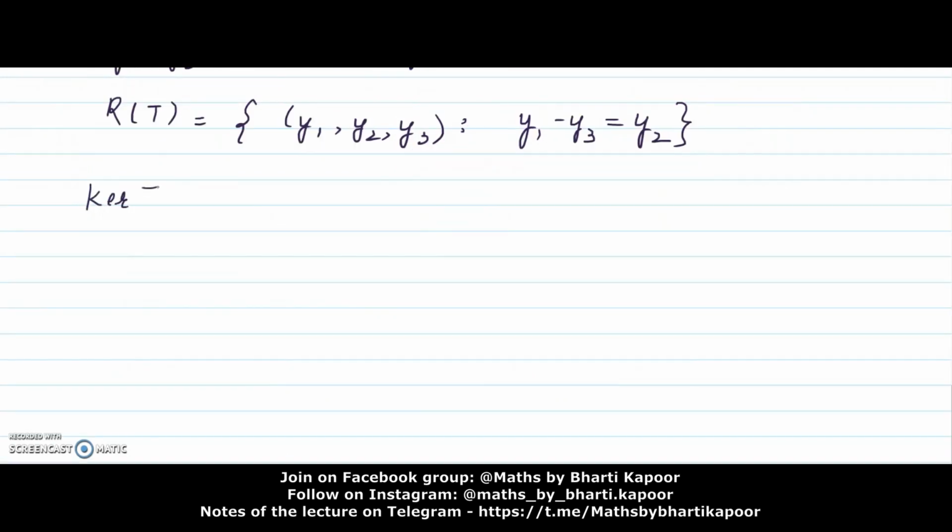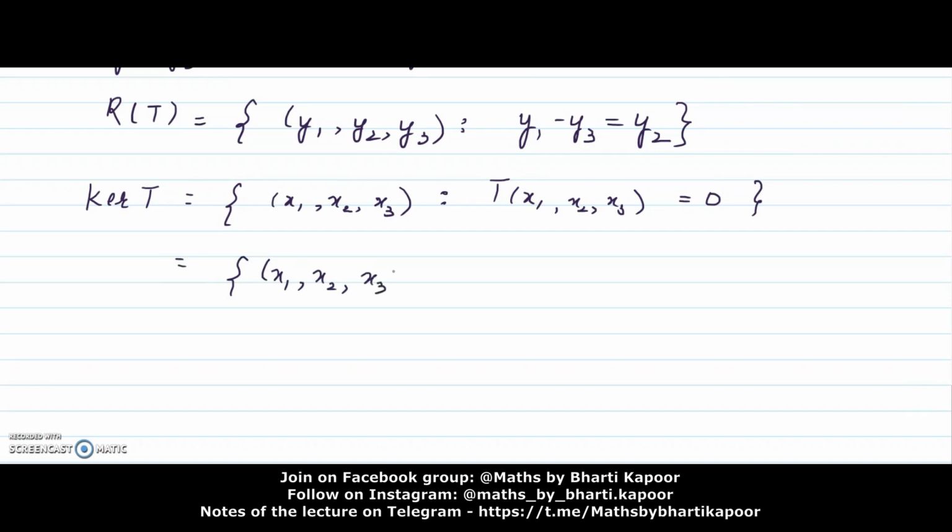Now kernel T is the set of all ordered 3-tuples x1, x2, x3 whose image under T is 0. That means I have to find all such possible combinations of x1, x2, x3 such that (x1 minus x2 plus 2x3, 2x1 plus x2, minus x1 minus 2x2 plus 2x3) equals 0.